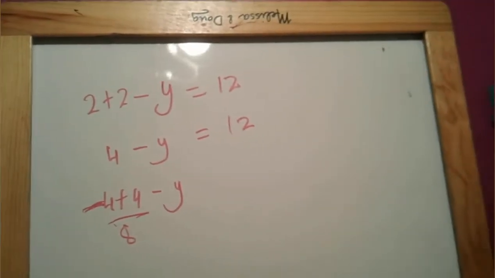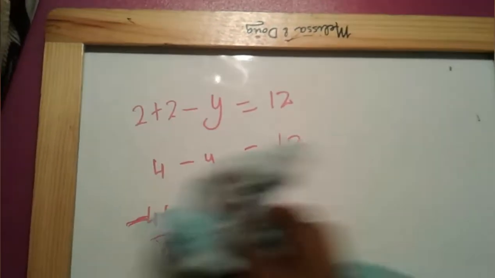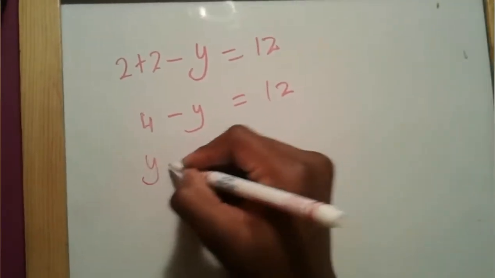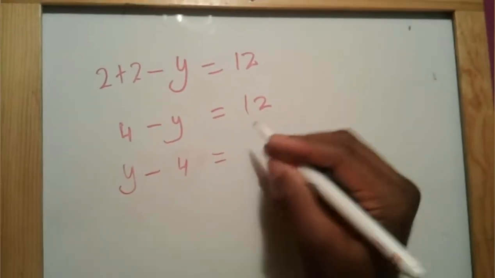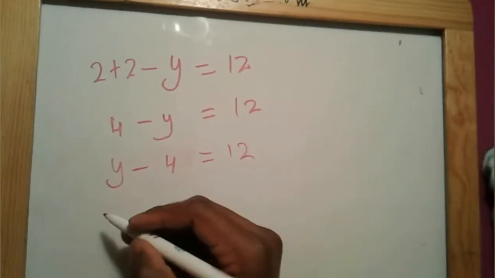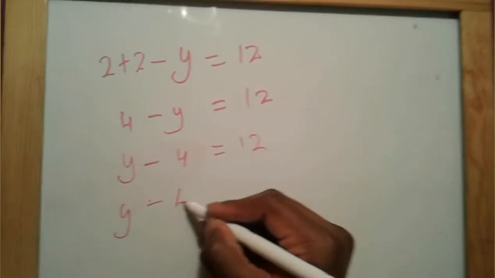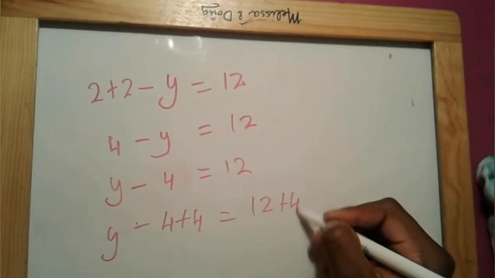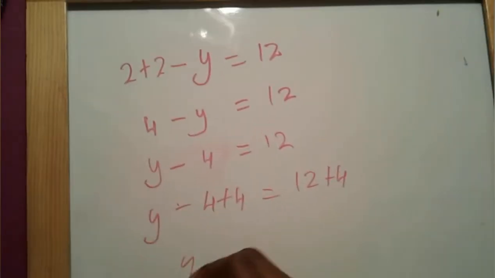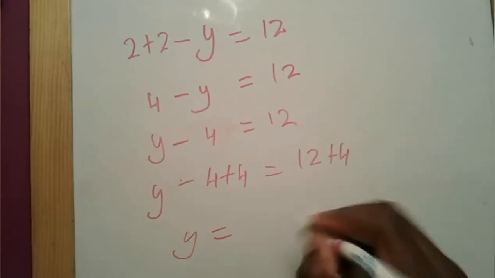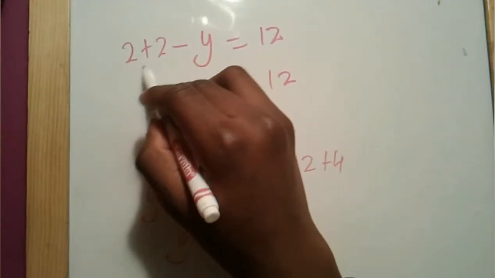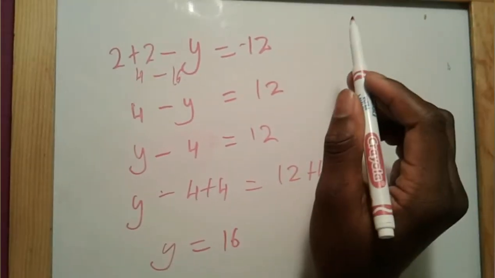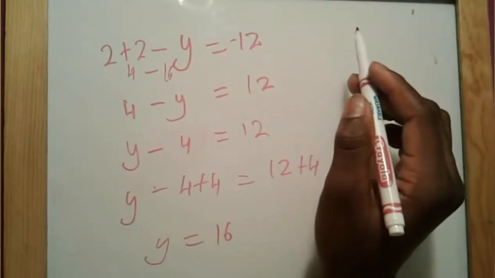So what you can do is just put the y in the front and then you do this, because they allow it in school, and you do it again. You add 4 and 4, yeah, it will be y is equal to 16.